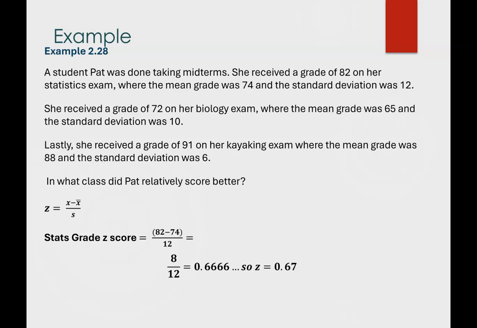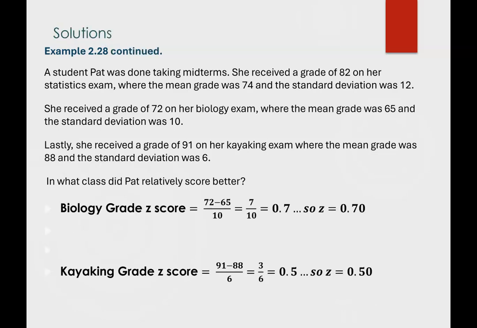Okay, I'm going to reveal the answers now. So the biology z-score was 0.70 and the kayaking score was 0.50.